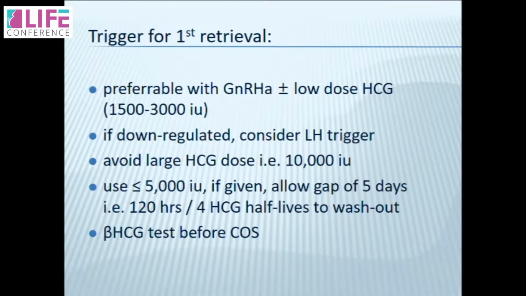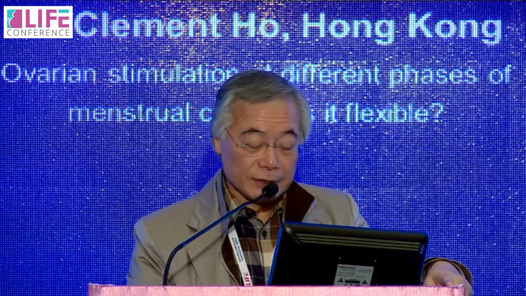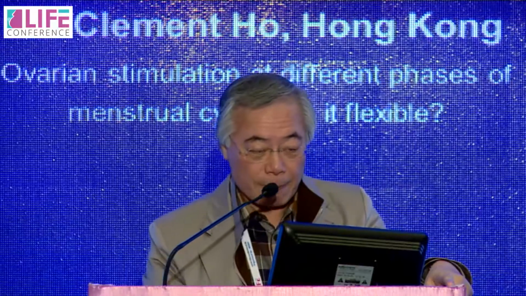And one must allow a gap of something like 5 days, about 120 hours, which is about 4 HCG half-lives, 30 hours each, for HCG to wash out. And one may even perform a test, you do a pregnancy urine test or something before you start, just to make sure that she hasn't actually got HCG in her system.